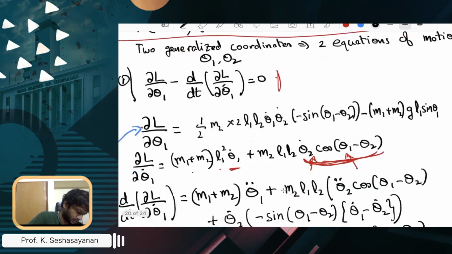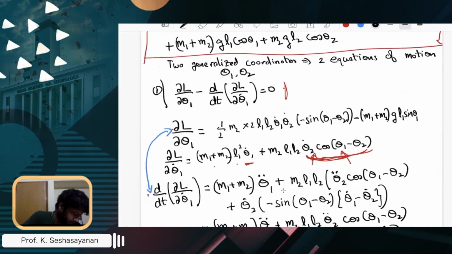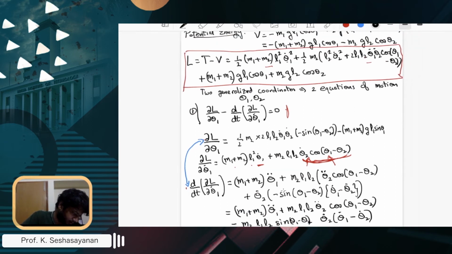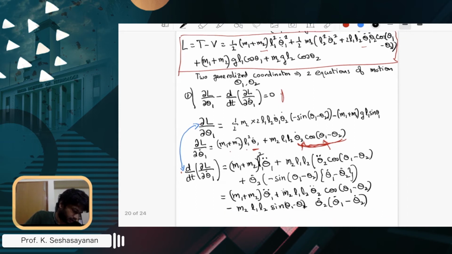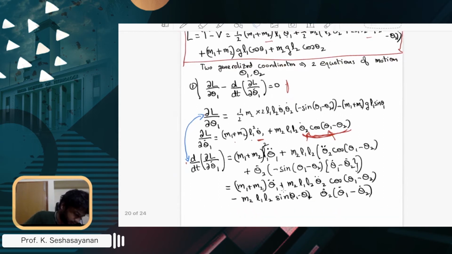Here there is an L1 square which is missing. L1 square. So what I'll do is copy this.